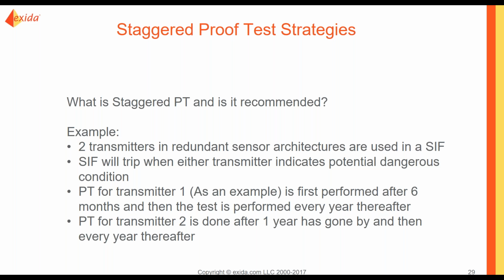As an example, the proof test for transmitter 1 is performed every 6 months, and then every year thereafter. Proof test number 2 for transmitter number 2 is done at the first year mark and then every year thereafter. So you have a 6-month stagger between proof test 1 and proof test 2.